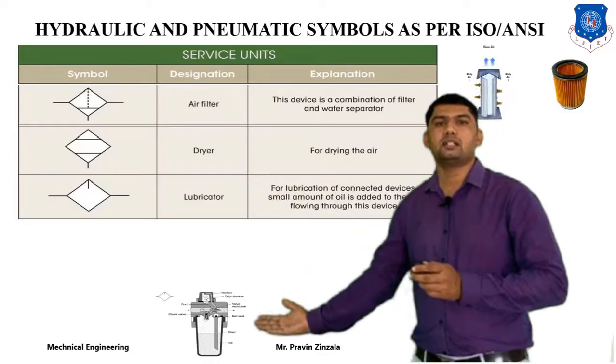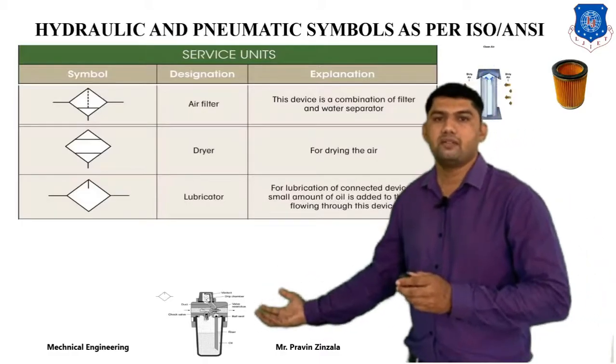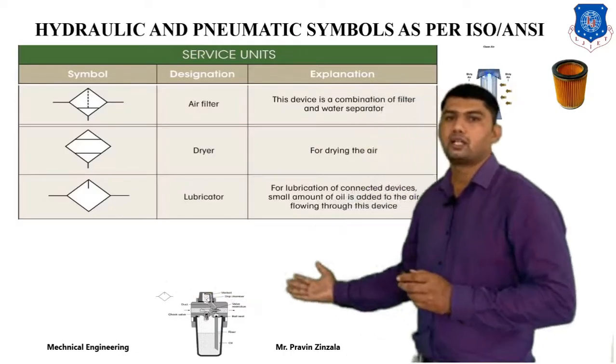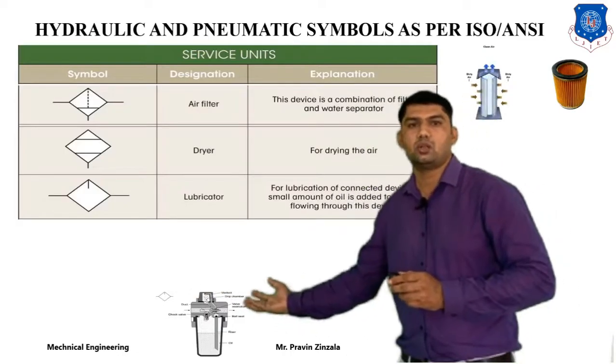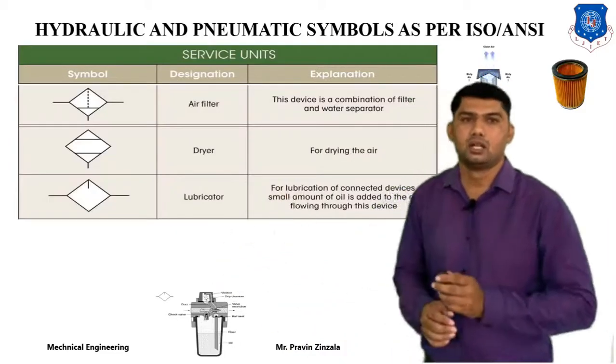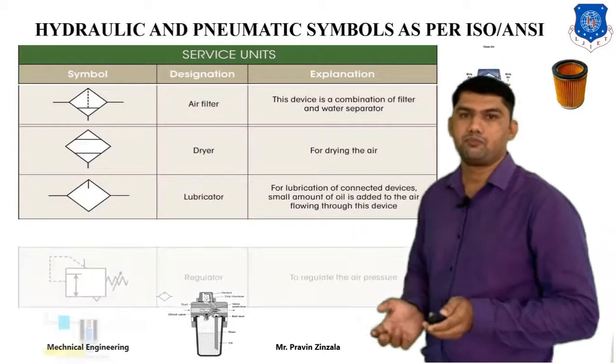The lubricator works like a venturi meter cross section. Whenever air passes from the compressor to the lubricator, due to the change in cross-section area, oil particles are automatically added to the compressed air and the air becomes lubricant.